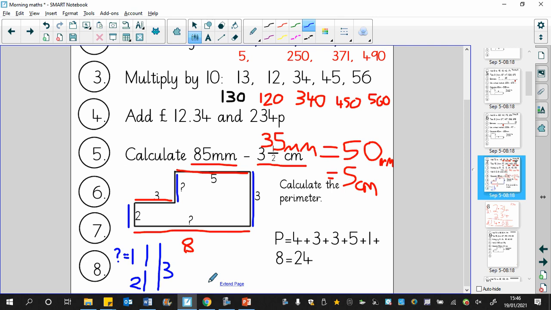Okay, so now to work out the perimeter, all we do is we put a blob in a corner, and then we have to add up. So from here, we go along here, that's 8, up there, that's another 2, that's 10, another 3 is 13, a 1 there is 14, 5 is 19, and a 3 is 22, which is different to what I've got down here.